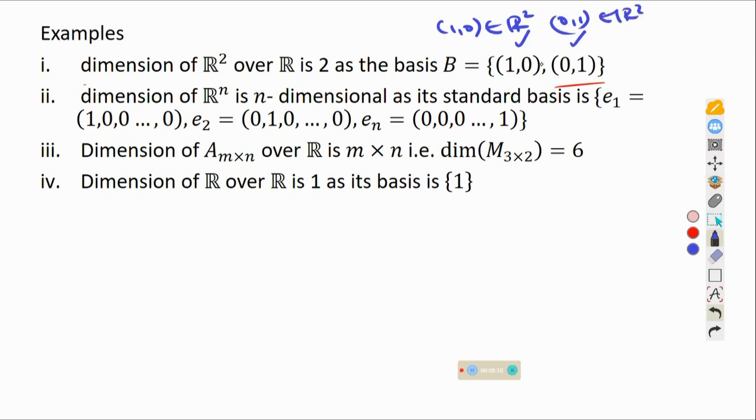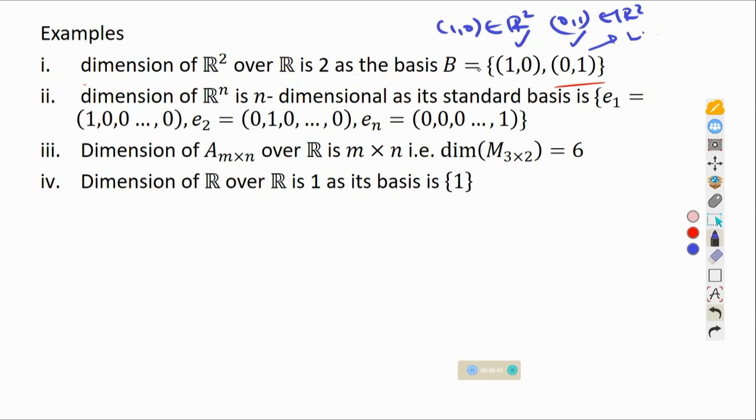When you test whether they form a basis of R2, they will surely satisfy. You have to test whether they are linearly independent and whether this basis B spans R2. They will surely satisfy the two conditions. So the dimension of R2 is 2.